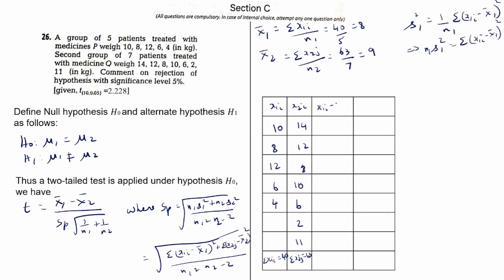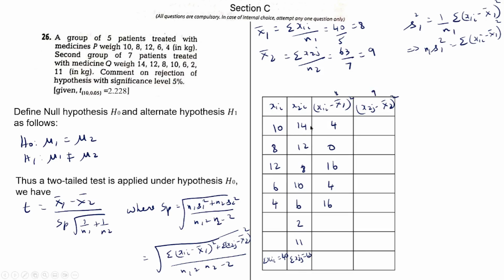Now we have to find x1i minus x1 bar the whole square. x1 bar is 8. So here we have 10 minus 8 the whole square 4, 8 minus 8 whole square 0, 12 minus 8 is 4, the whole square 16, 6 minus 8 is minus 2, the whole square 4, then 4 minus 8 is minus 4, the whole square 16. And next let us find x2j minus x2 bar the whole square. x2 bar is 9.